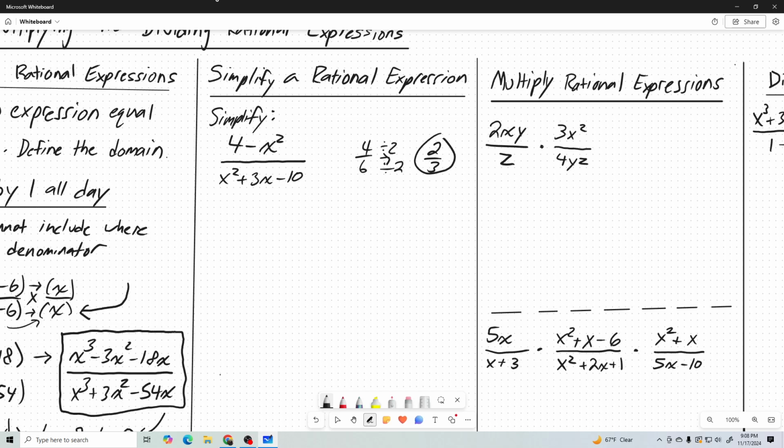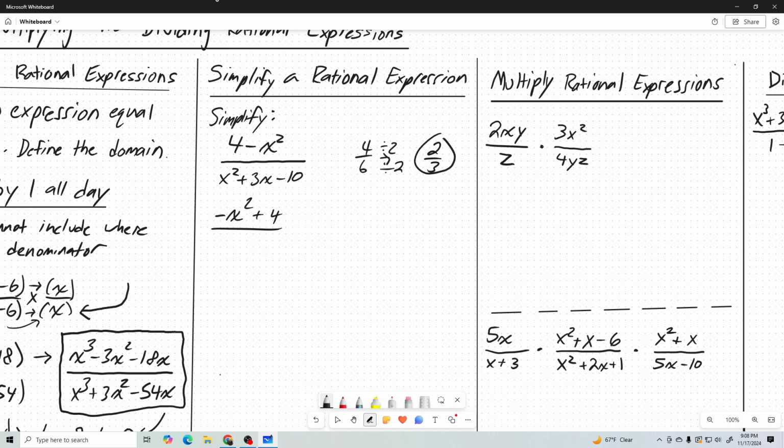In order to factor this, if we only have 2 terms here, we know that we're going to have to use difference of squares. We have a 4, which is 2 squared. We have an x squared, which is just x squared, but it's in the wrong order. And if we just flip it, it's going to be negative x squared plus 4, right?